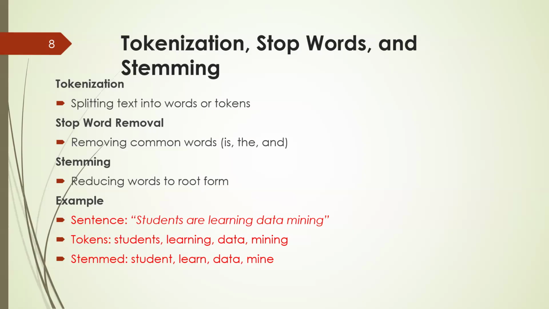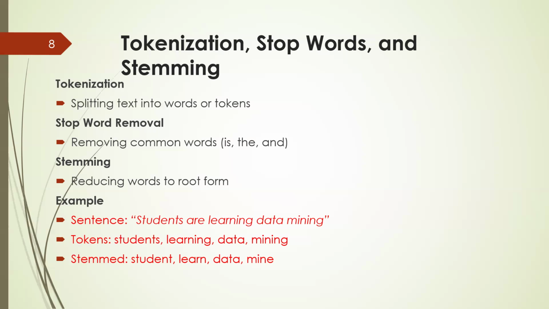So take the example: students are learning data mining. Here I am separating each and every word. Stop word removal comes first, so "are" is a stop word that is removed. Students learning data mining: each and every word is converted into one token. Then we convert them to a standard form. Plural becomes singular.